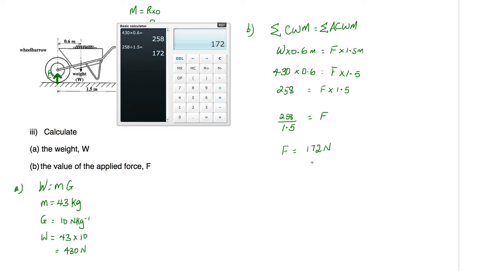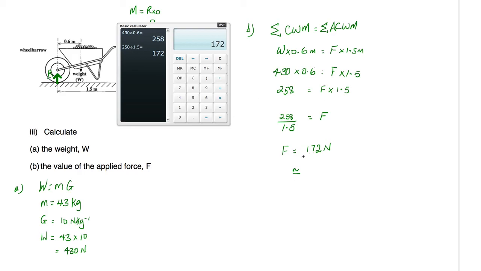Okay, if we wanted to practice a little bit, writing this to the most appropriate number of significant figures, looking back at the numbers that we worked with. This number 430 has two significant figures. This one has one significant figure. This one has two. So ideally, our answer should be written to one significant figure.